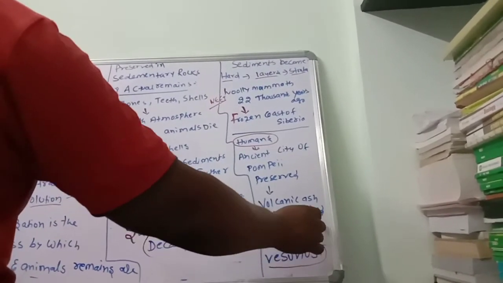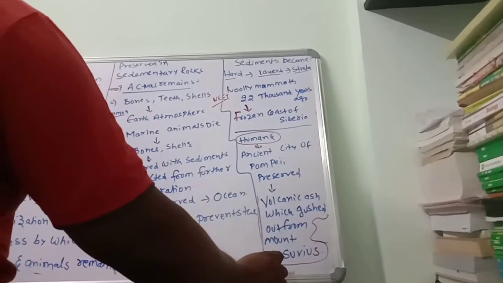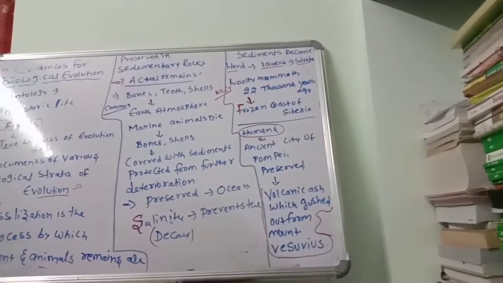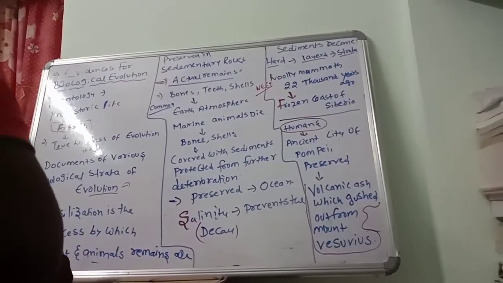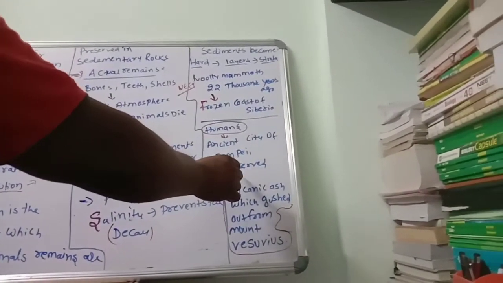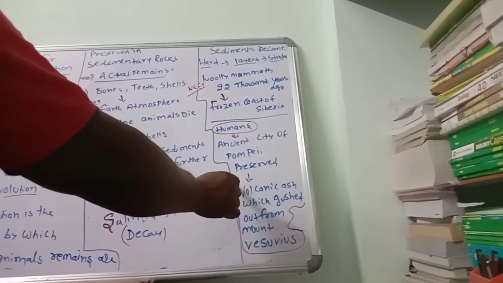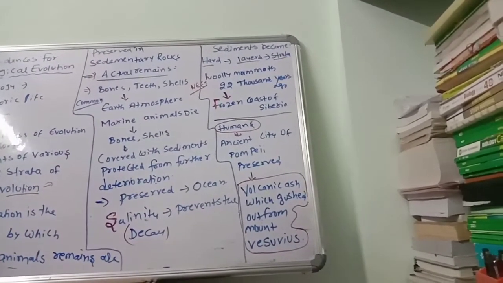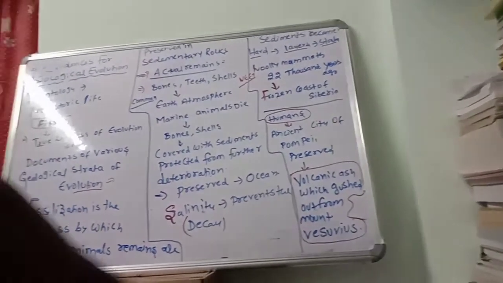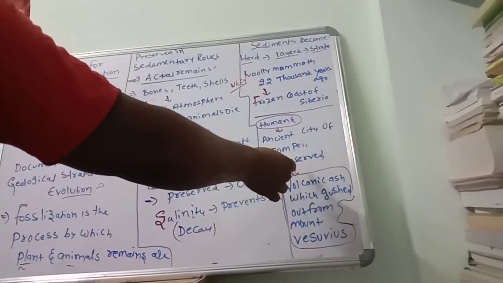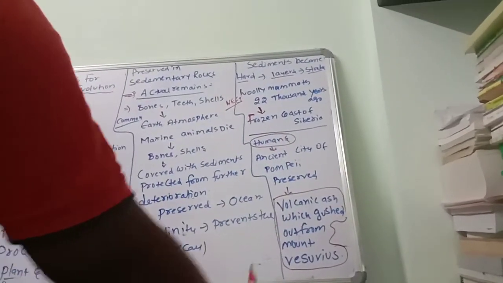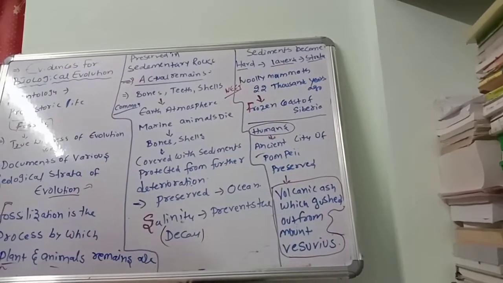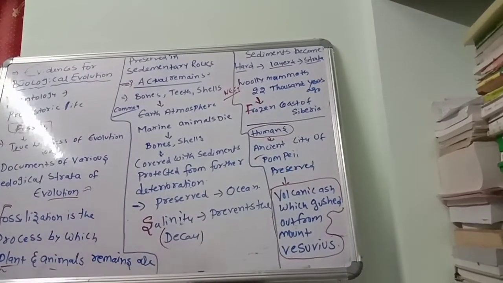That volcanic ash protected and preserved the ancient humans in the city of Pompeii. So like this, different concepts are there.